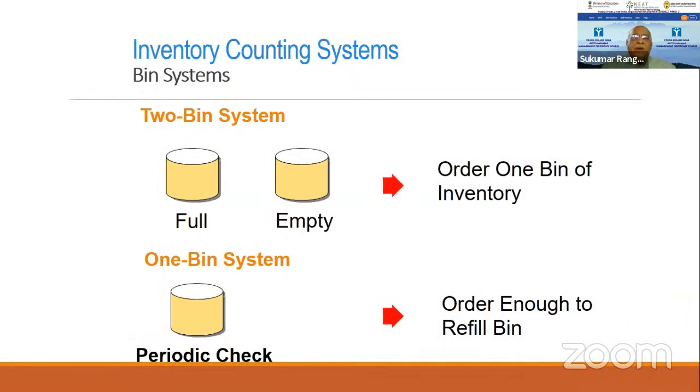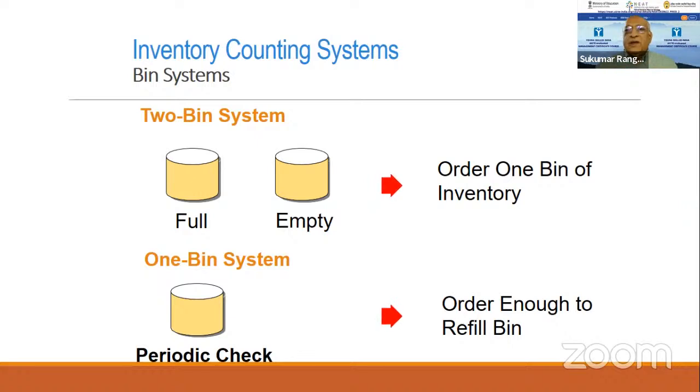There are other simple methods which are used in practice, even in stores. And this happens in many organizations. They use what is called a two-bin system. Now, in a two-bin system, the first bin usually becomes the second bin once the second bin becomes empty.